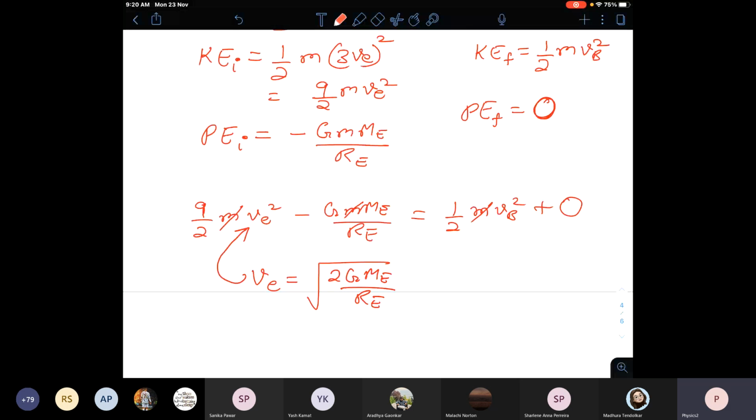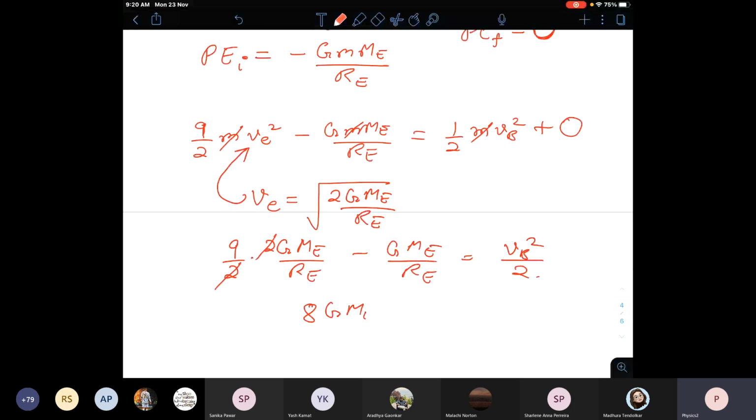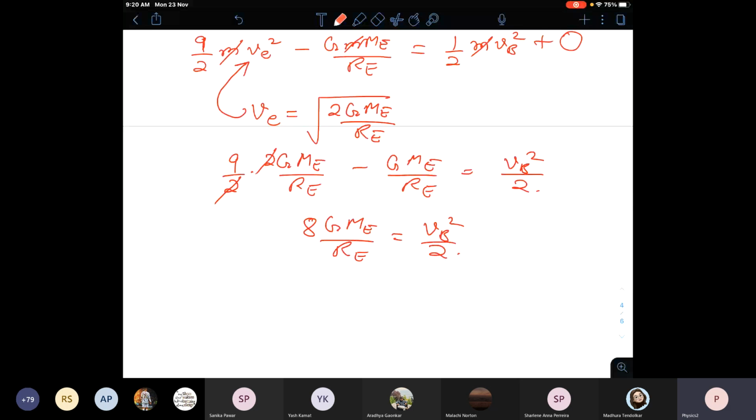Once I replace this, I have 9/2 times 2G me by RE minus G me by RE is equal to vb square by 2. So this 2 and 2 get cancelled. 9 minus 1 is 8 G me by RE, which is equal to vb square by 2.